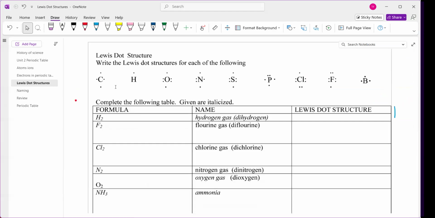Carbon has 4 electrons. Now notice there are 2 situations for these electrons. Either they're paired up or single. I call the single ones singletons. Now the paired up ones are more stable than the singletons. So they stay paired up and they don't bond with anything else, except for one exception.